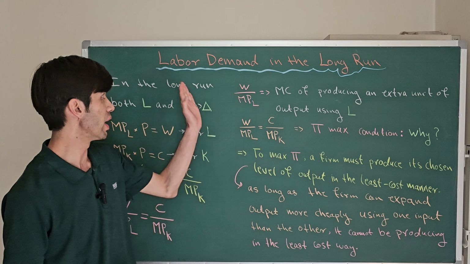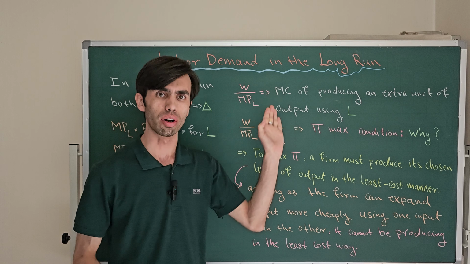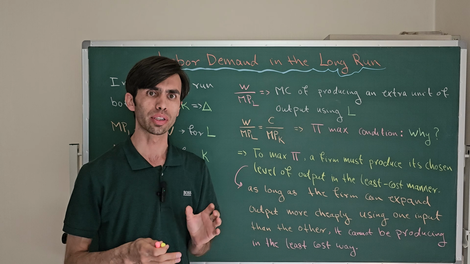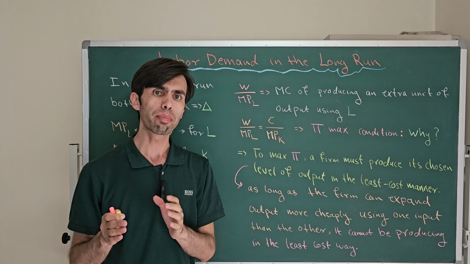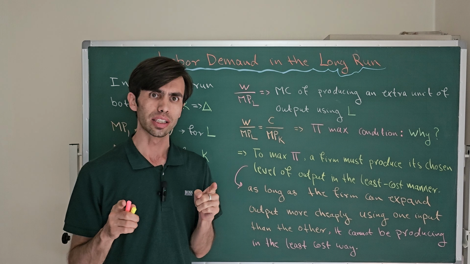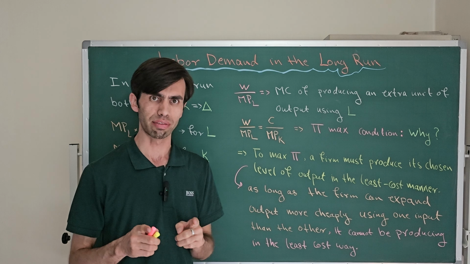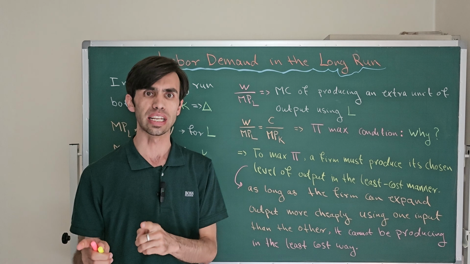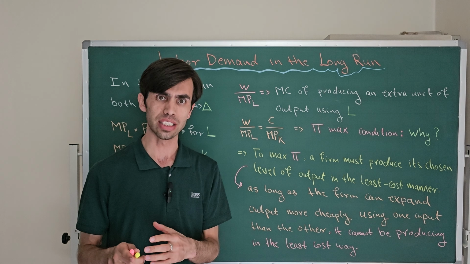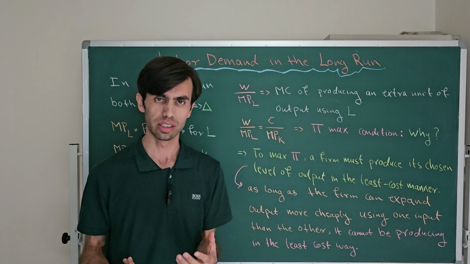In this video, we will learn about labor demand in the long run. In the previous video, we learned about labor demand in the short run. And the optimal labor demand in the short run is the level where marginal revenue product of labor is equal to the wage rate. Or in another case, marginal product of labor is equal to the real wage rate.